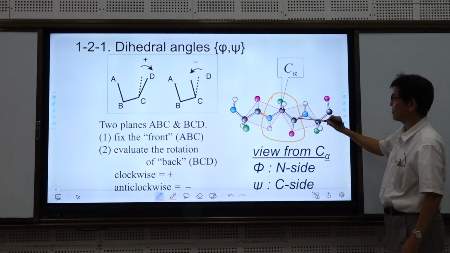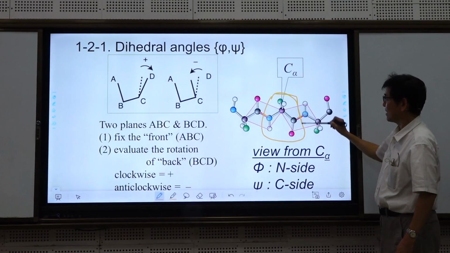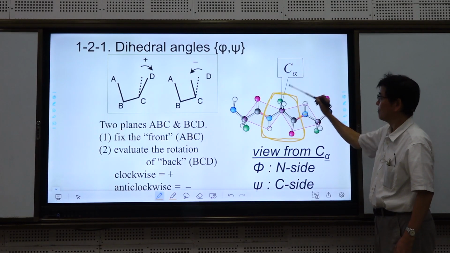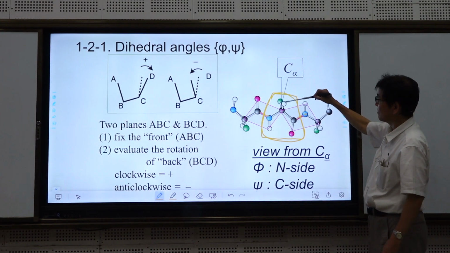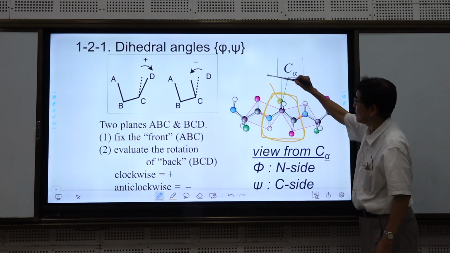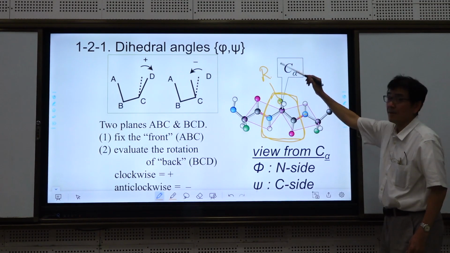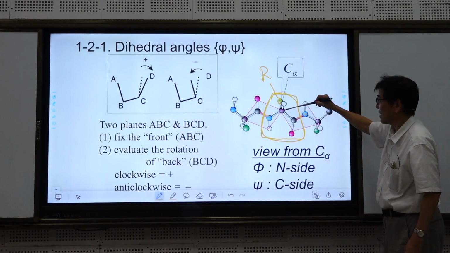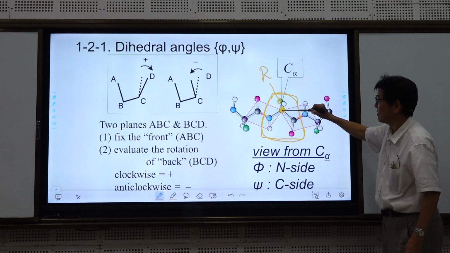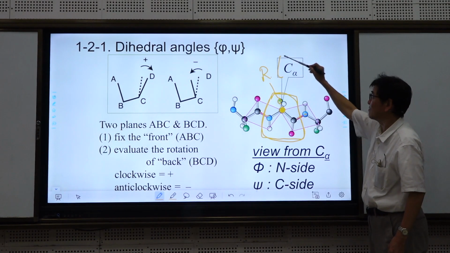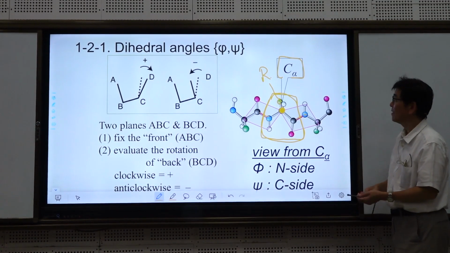So this is one amino acid unit. Then we know this is R, the side chain. And the side chain is bound to carbon. This carbon is called C alpha. Okay?